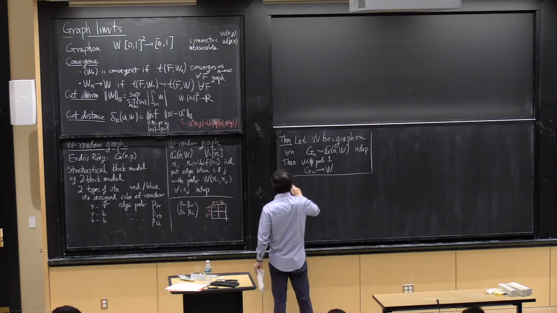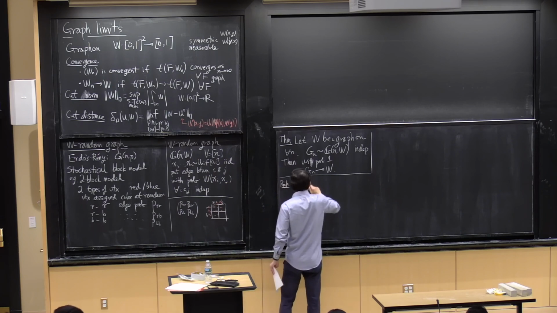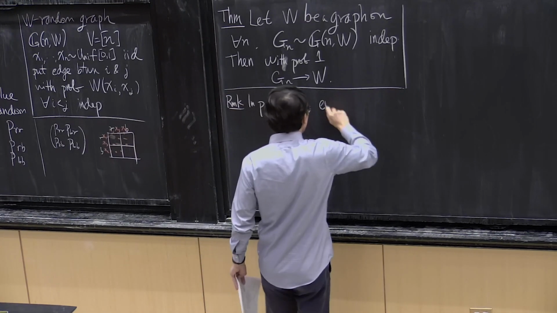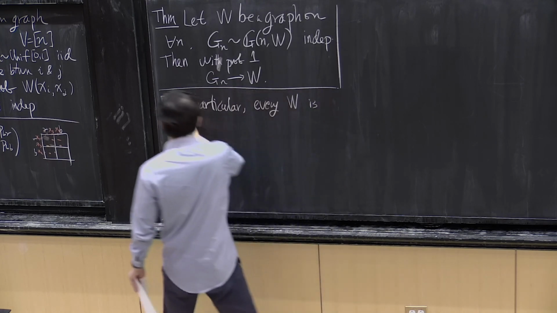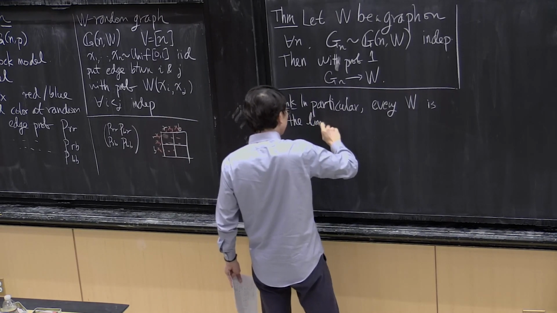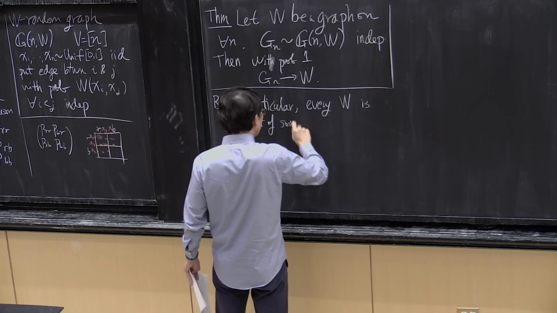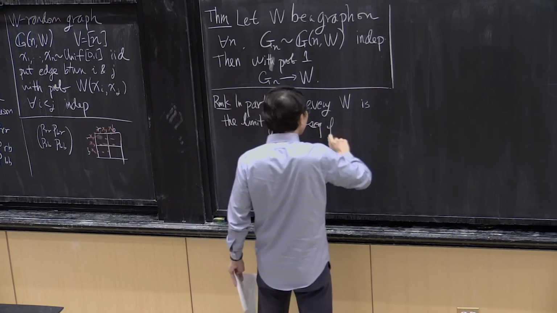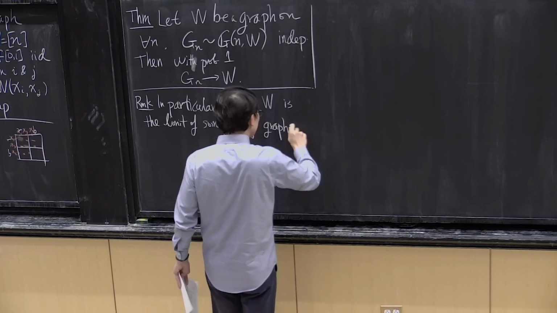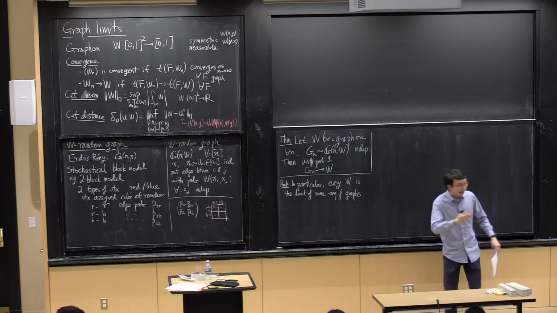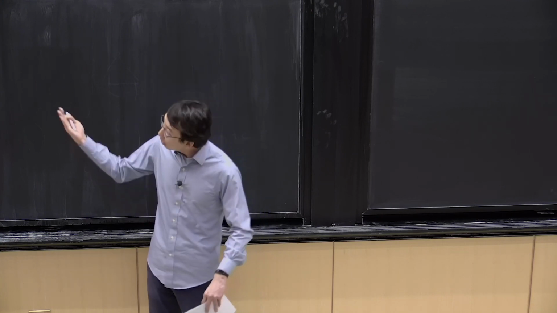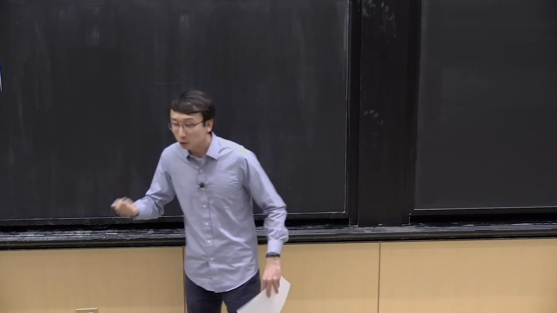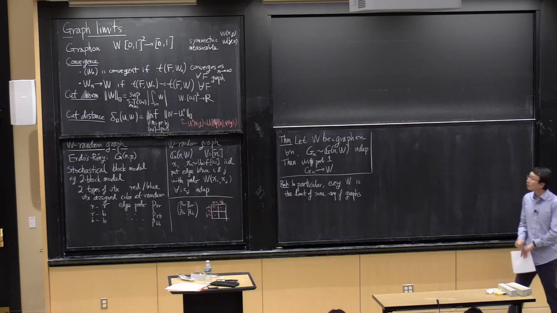So in particular, every W is the limit of some sequence of graphs. Just like every real number, right, in analogy to what we said last time, every real number is the limit of a sequence of rational numbers, right, through rational approximation. And this is some form of approximation of a graphon by a sequence of graphs.